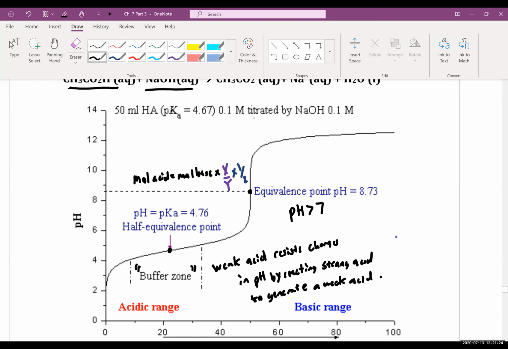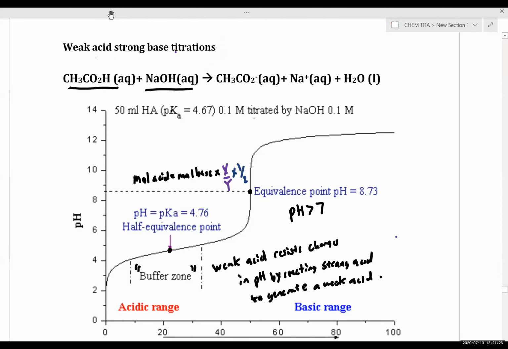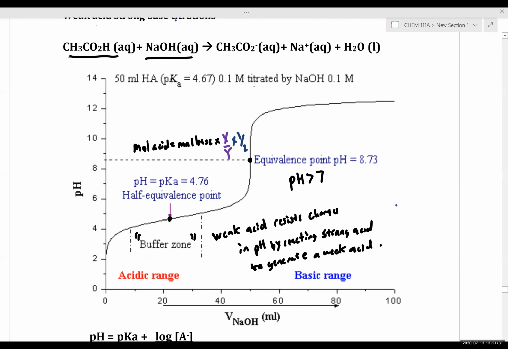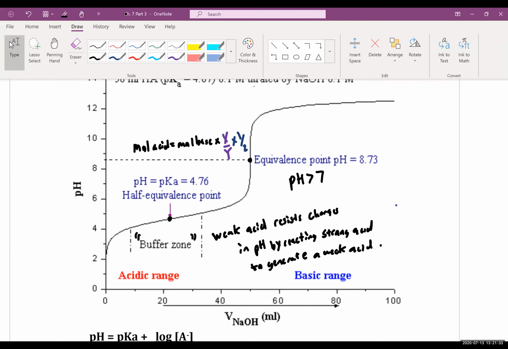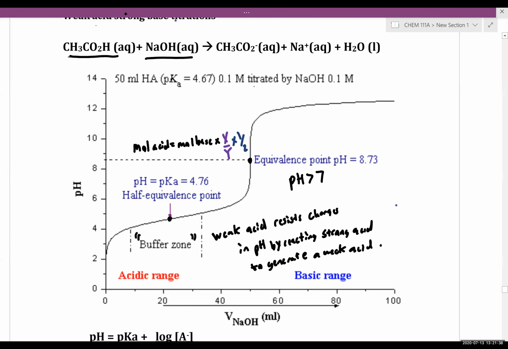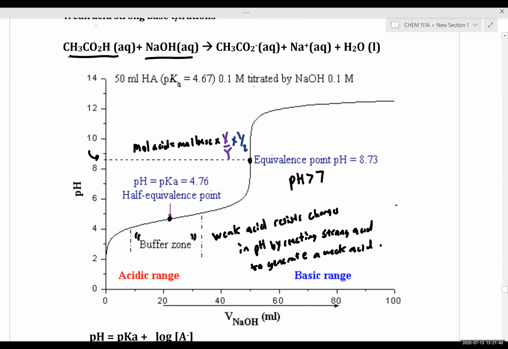Okay, so let's keep going and let's look at what information we can derive from this problem. Graphically, if you're given a titration curve, we can actually read off a few things. If we know that our equivalence point is here, we can first read off the pH at the equivalence point. We also can trace down into our chart and figure out the volume of sodium hydroxide at the equivalence point is about 50 milliliters.